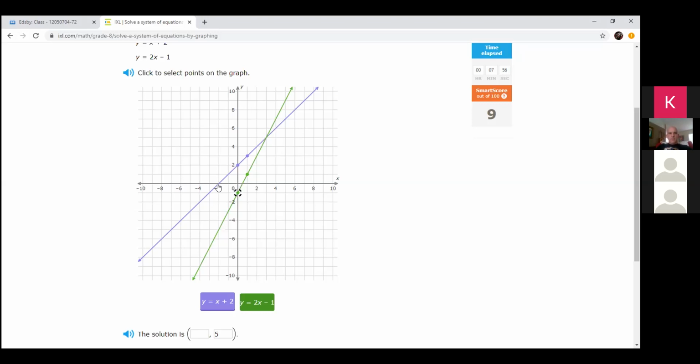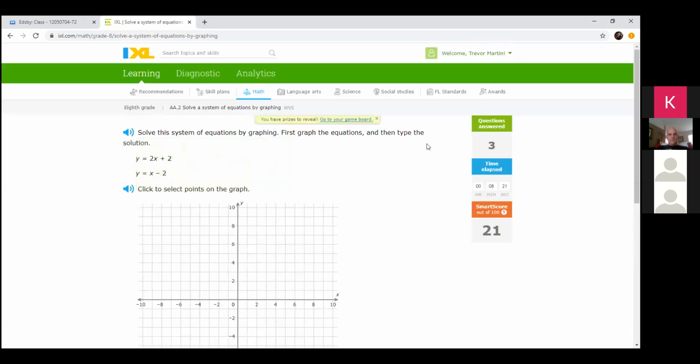Start at 0, 0. Go right until you get to the point where those lines are crossing. What is that? 3. Okay, so that is 3. 5 is your y value. Okay, thank you.